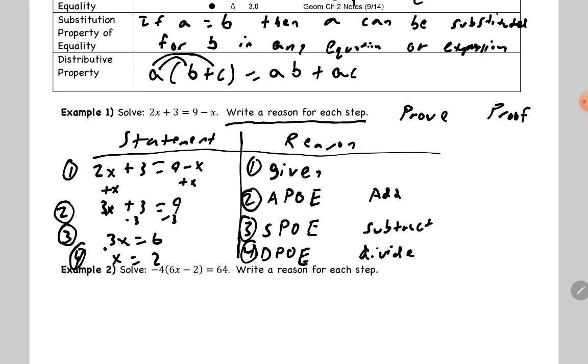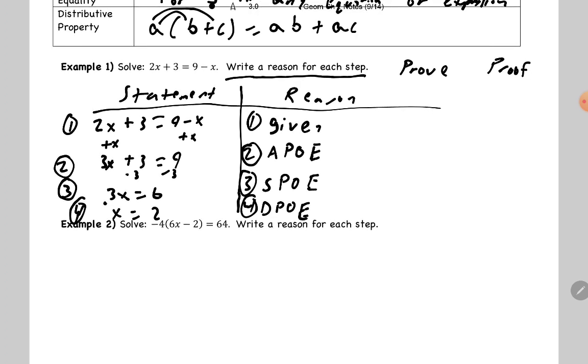So if you were writing out this proof, you would need all of this except that. Okay, so all of this is what you need to show your work and write out a proof.